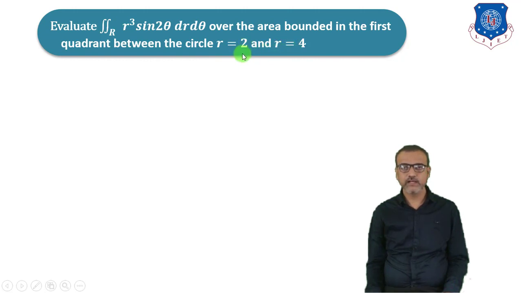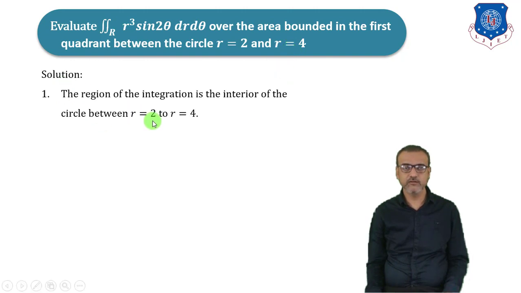With the help of these two circles, first of all we have to evaluate the limit of theta and the limit of r. So here is the solution. The region of integration is the interior of the circles between r equals 2 and r equals 4. And r is nothing but the square root of x square plus y square.